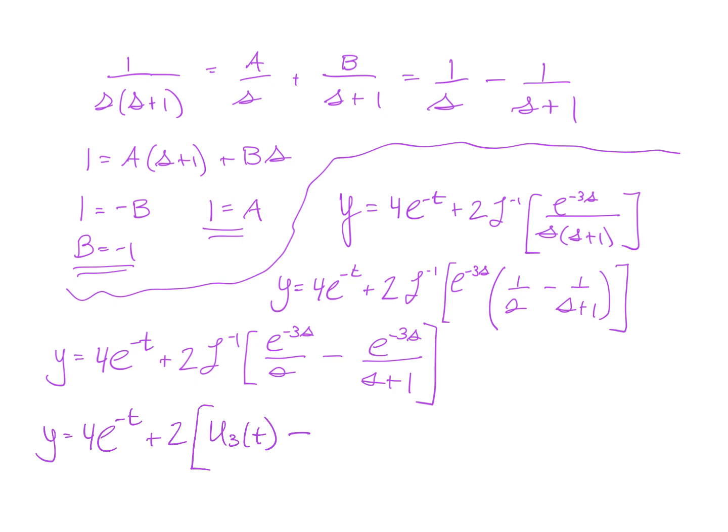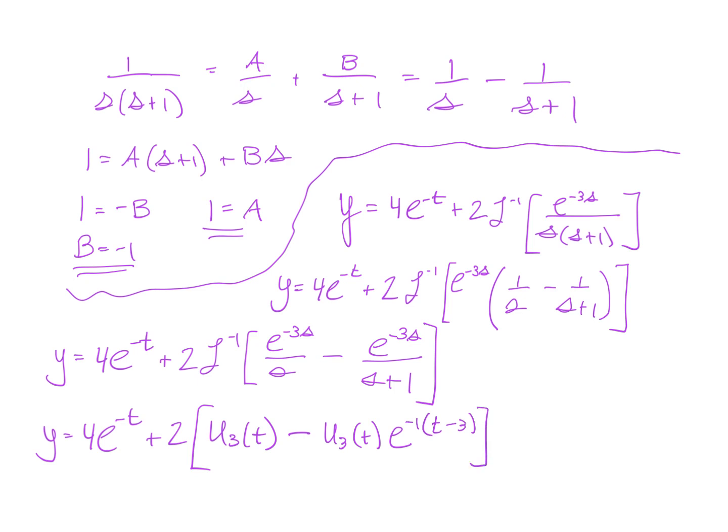It's going to be u3 of t times e to the negative k. So this is a, 3, and that goes here. So this is u sub a of t, e to the negative k, so that would be a negative 1, times t minus a, so t minus 3.